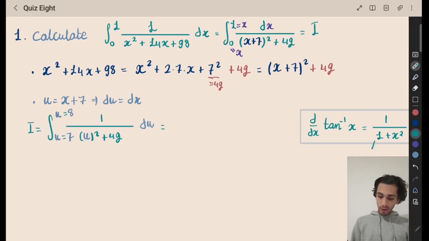So I want to have a 1 here. And then I will divide by 49. So I'll multiply by 1 over 49.